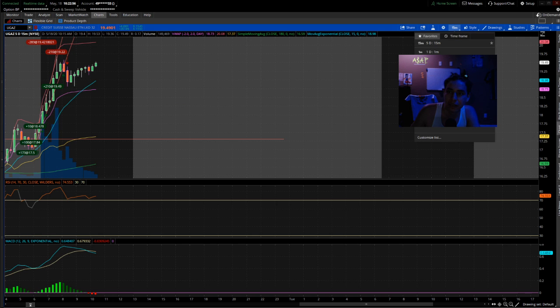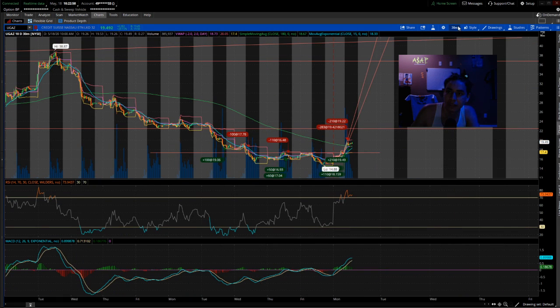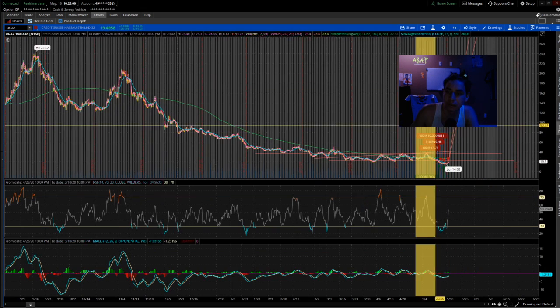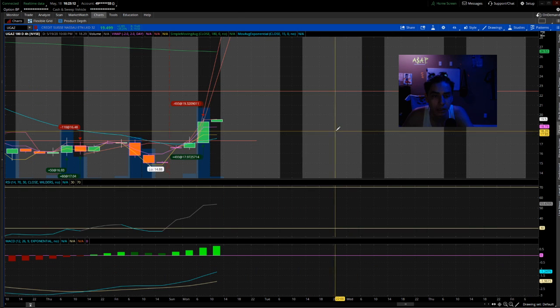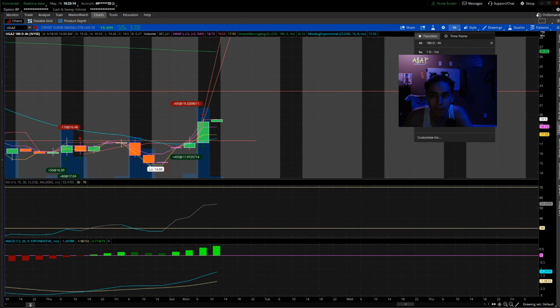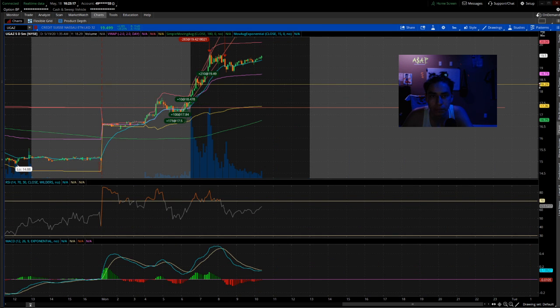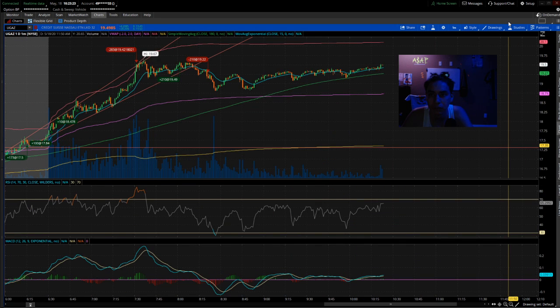It's uptrending right now, I might actually buy in later on today if it keeps uptrending. Yeah, it's still going on right now. Still trading right now.